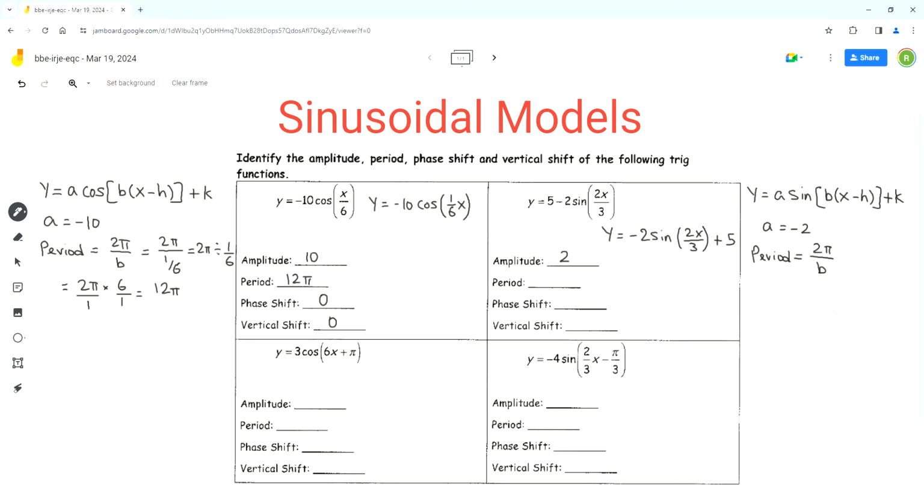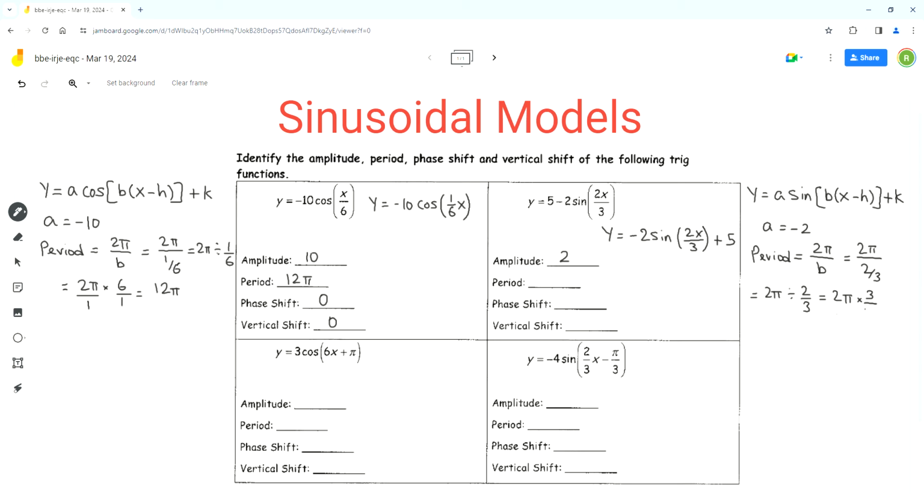And in this given function, the b value is 2 over 3 because that's the term being multiplied to x in the given sine function. So we get 2 pi over 2 over 3. Now we can simplify this expression by writing it as a division statement, and then we change it into a multiplication statement.